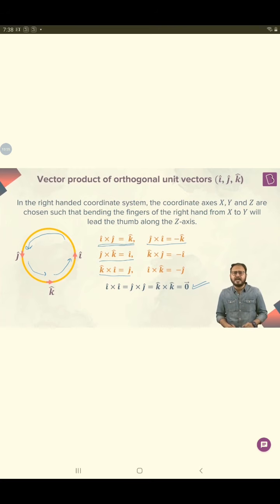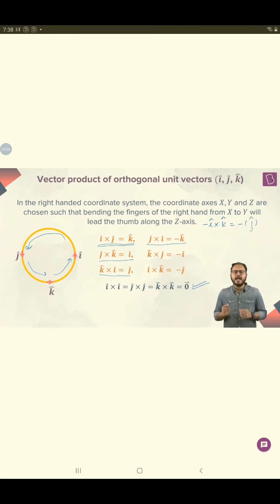But the thing is not done here. You have to be careful. Let me give you an example. What if you have to solve minus i cross k? Tip number 1: keep the minus as it is first of all. Don't touch the minus. Okay, sir. Then tip number 2: i cross k. Since they both are two unit vectors which are mutually perpendicular, immediately write the third guy as the answer.